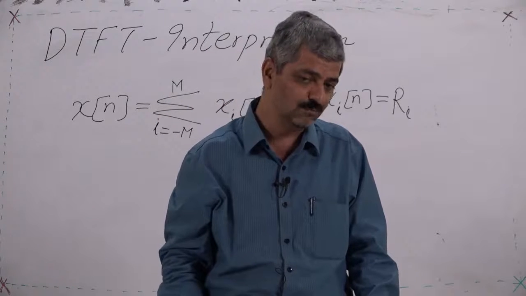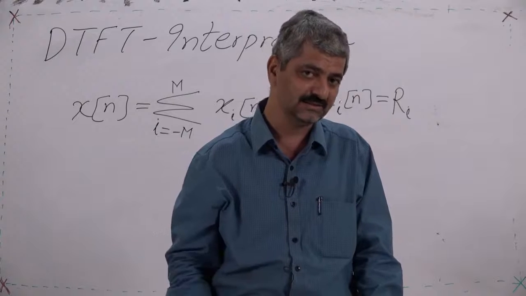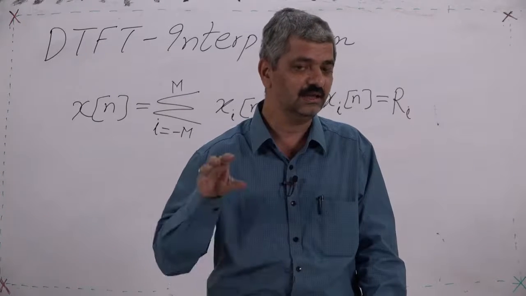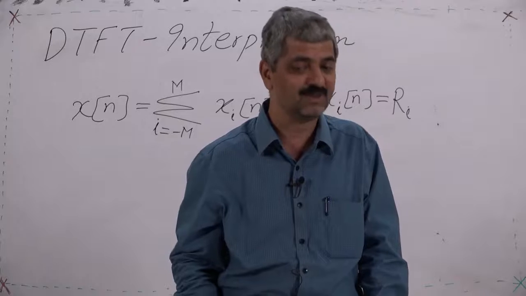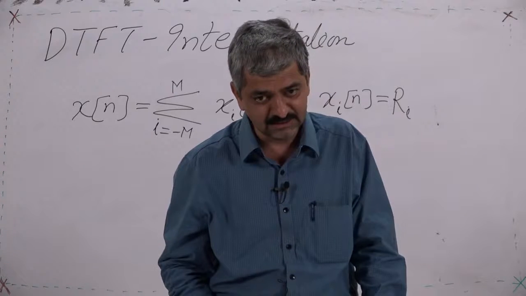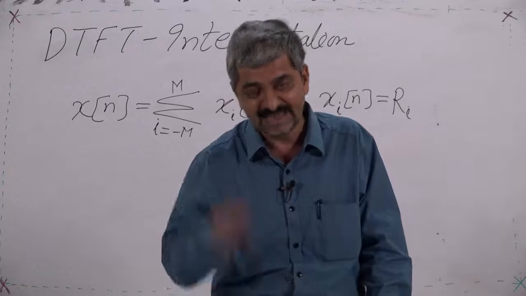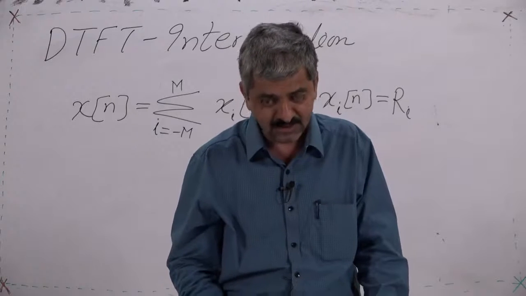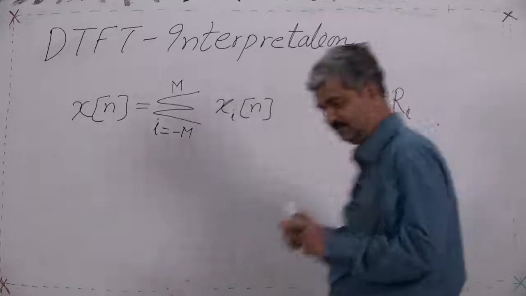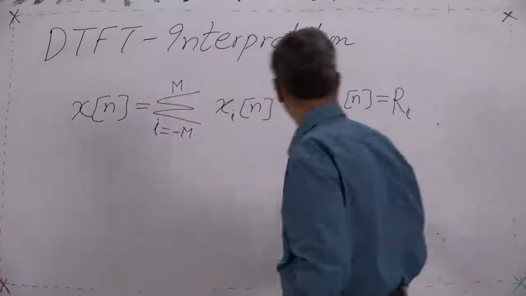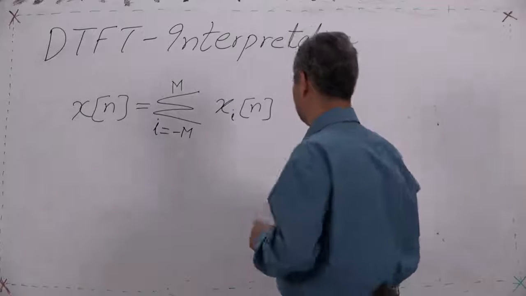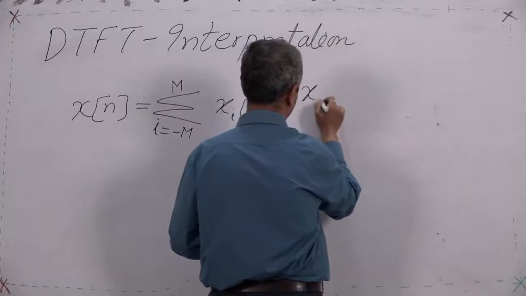So I have assumed that the given sequence is a summation of multiple subcomponents, 2m plus 1 subcomponents. Each subcomponent is a rotating point at a speed of, I hope that it is very complex, but I think I am trying my level best. x_i[n].